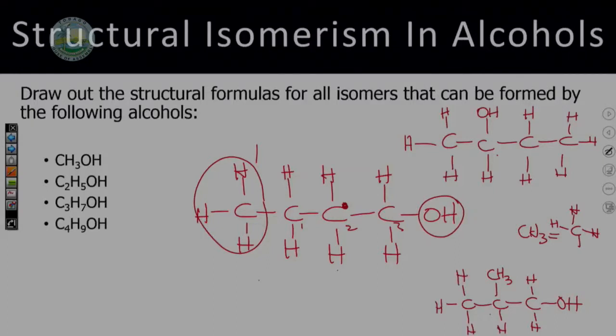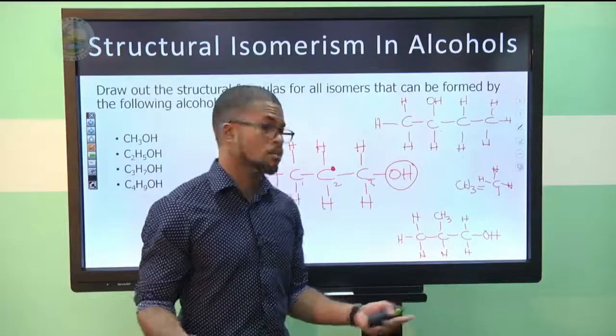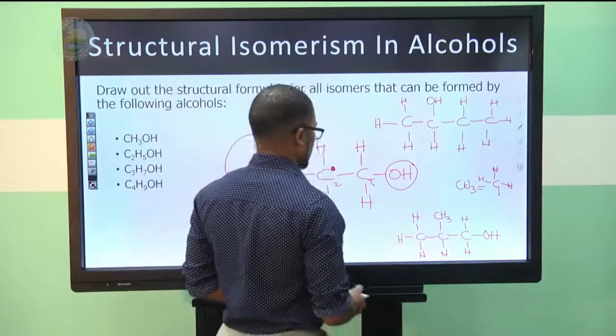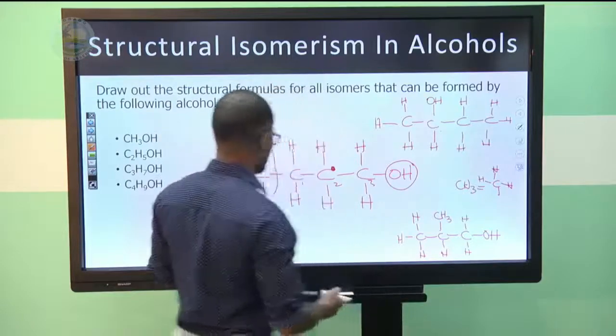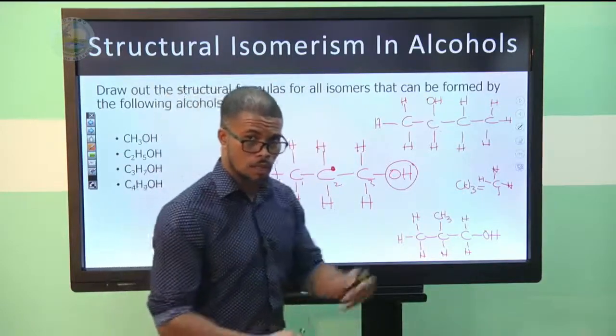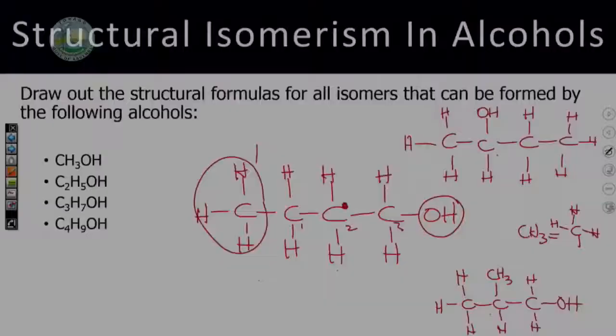Okay? So now, can there be another isomer that comes from this? Let's check it out. All right? Now, the next isomer that some may say, all right, sir, let's move another group. All right, let's move another carbon and put it in. So you can explore all your options, all right?